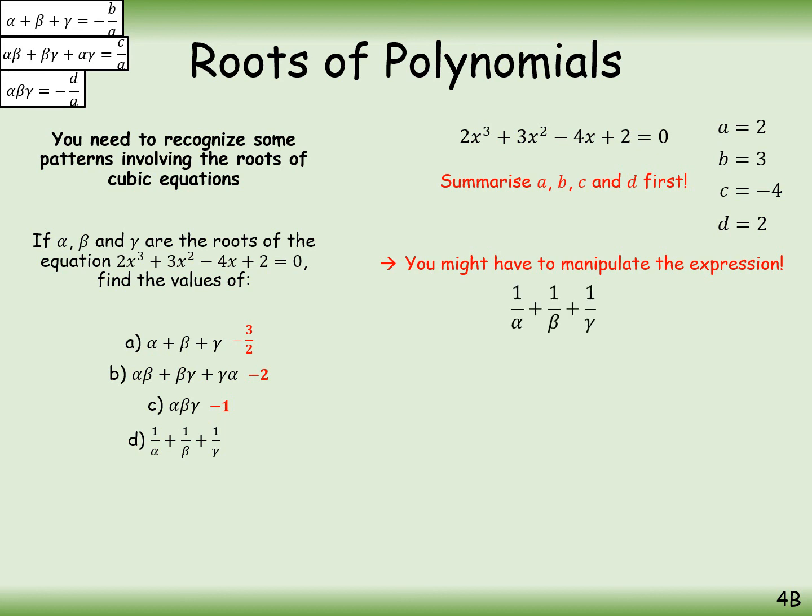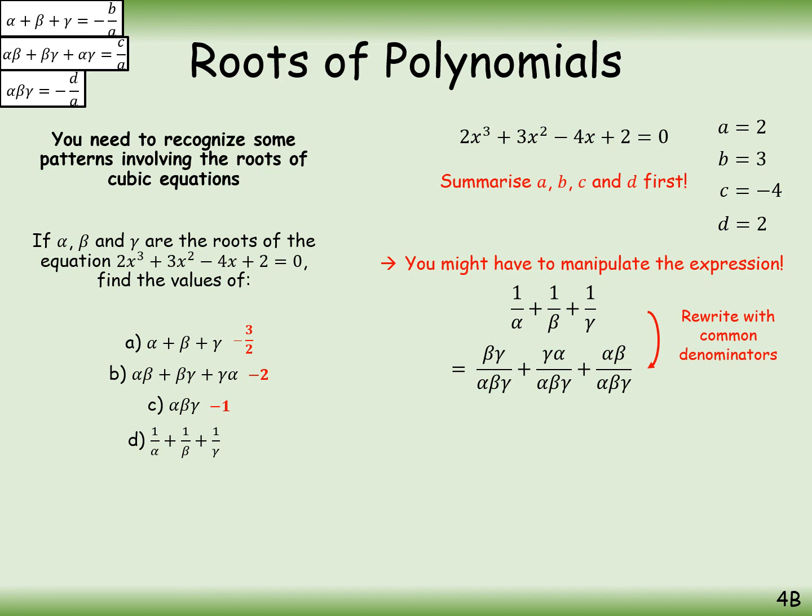So now for part D, we got the reciprocal of each of these roots. So we need to think about common denominator. So common denominator would be alpha beta gamma. So for the first one, I need to multiply by beta gamma. Second one, we need to multiply by alpha gamma. And the third fraction, I multiply by alpha beta.